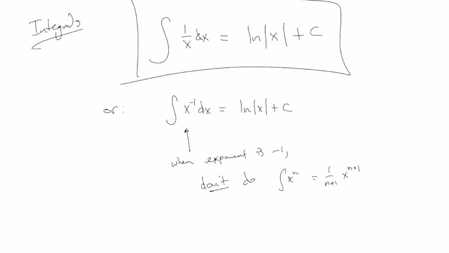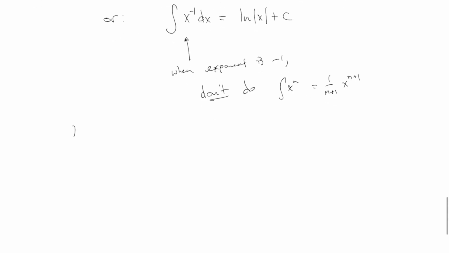This becomes more interesting when it is in the context of u substitutions. So let's try a few of these. I will say this comes up in u substitutions, most commonly u substitutions with a denominator.